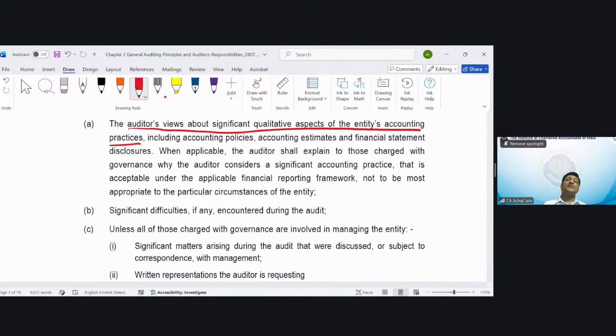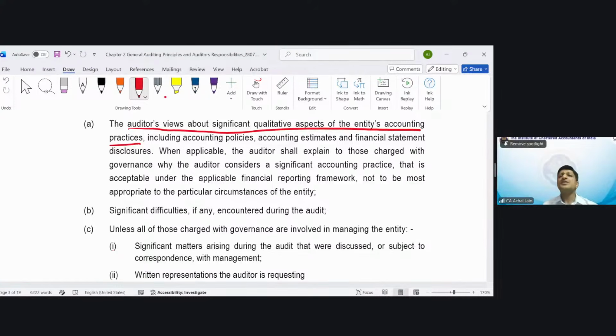Next, significant difficulties. Now, it's very important for TCWG to know about this. Why? Because it's not only about the outcome, it's the process which they need to check. As far as the financial reporting requirement is concerned, you can say audit is a part of that process.